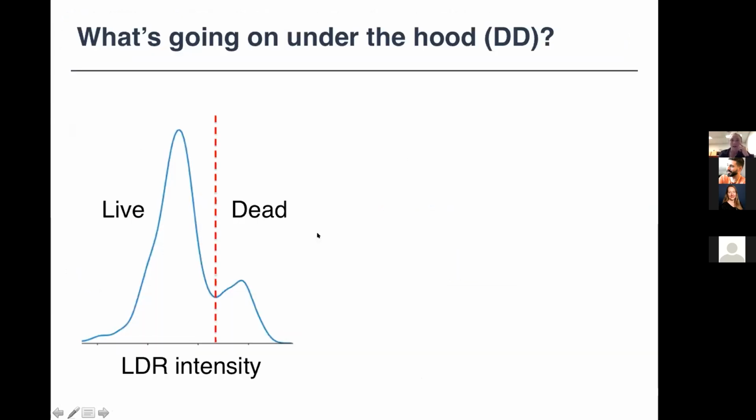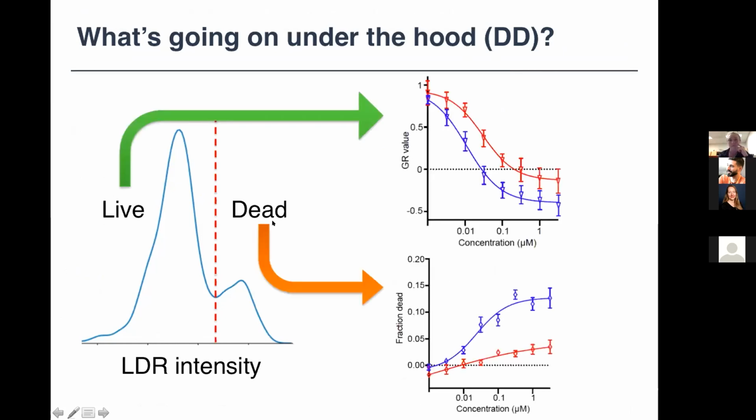And so taking a closer look at what's going on under the hood in this particular assay, we're essentially just looking at the distribution of live dead red signal intensities and setting a threshold above which cells are dead. And so from the live counts, we generate GR curves.